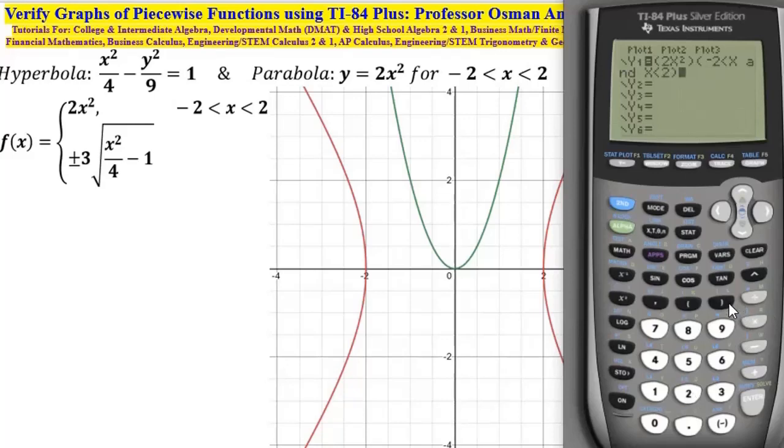Okay, so x is between minus 2 and 2. Then to enter the hyperbola, the right side of the hyperbola is 3 square root of x squared over 4 minus 1, and the left side of the hyperbola is minus 3 square root of x squared over 4 minus 1.